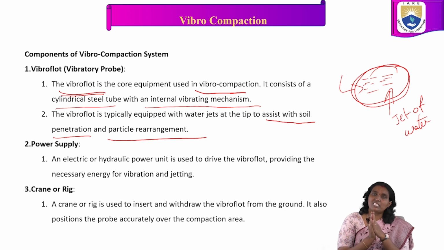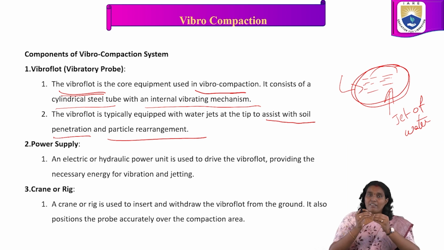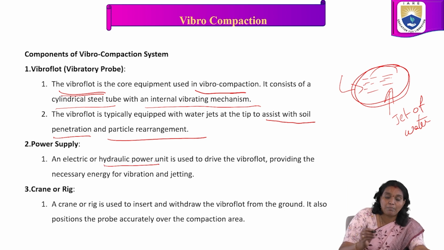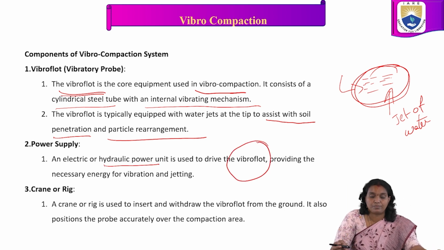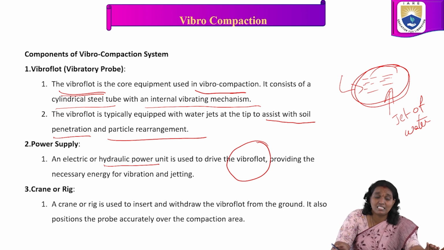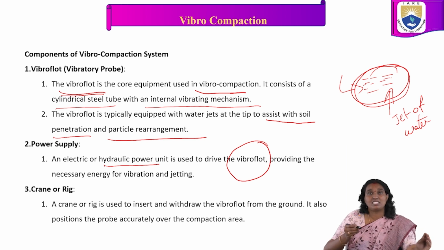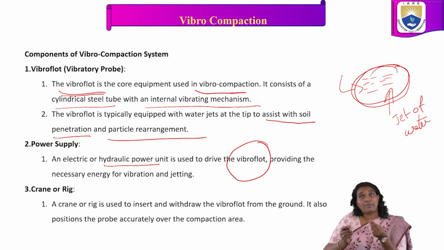Moving on to the next component, that is the power supply. An electrical or hydraulic power unit is used to drive the tool. So the power supply is one more component in the vibro compaction system. Already we discussed it is a cylindrical steel tube with an internal vibrating mechanism.